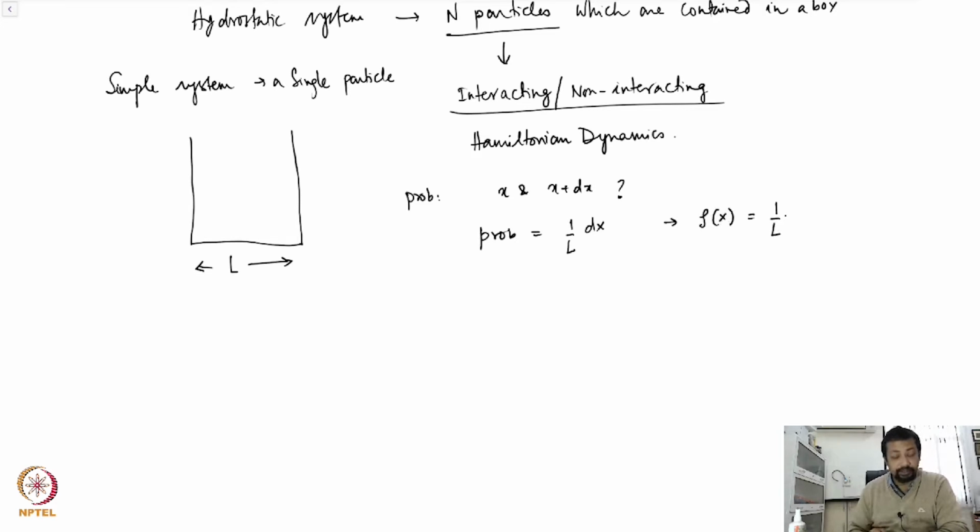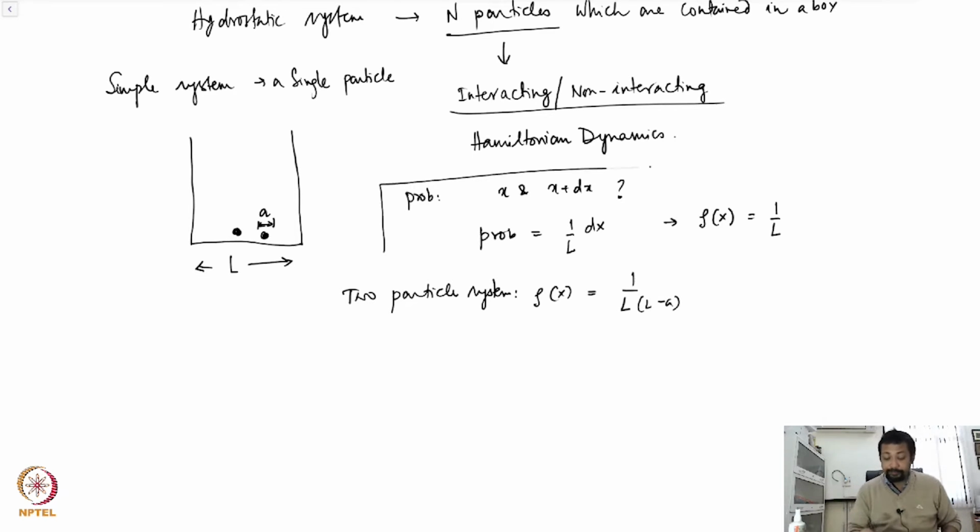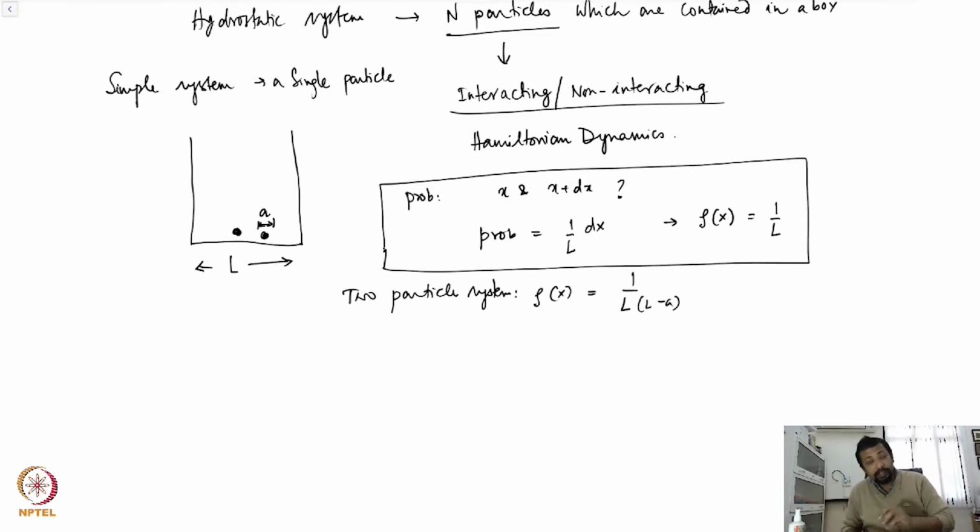If I now put in, so I have one particle over here, then I put in another particle over here. Each of these particles has a size of, let's say, A. Then for my two particle system, this quantity becomes 1 by L minus A. In the former picture, when I had only one single particle, of course, talking about probability is meaningless in the sense that I can solve Newton's equation of motion.